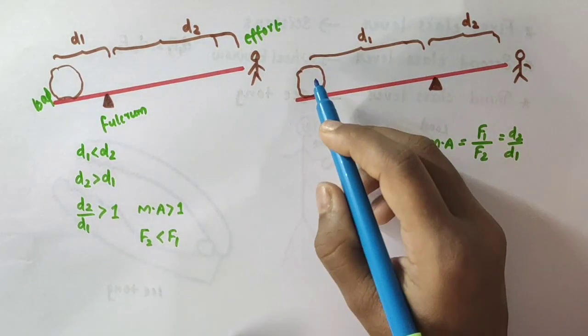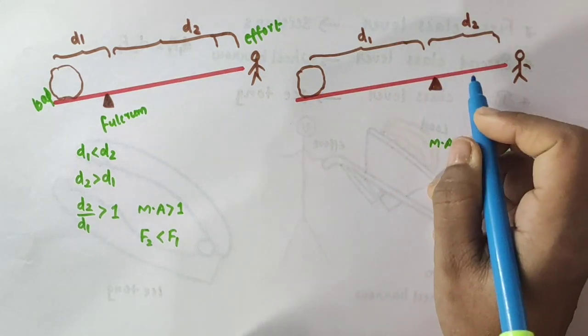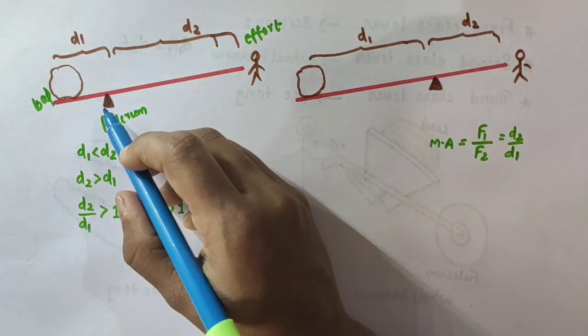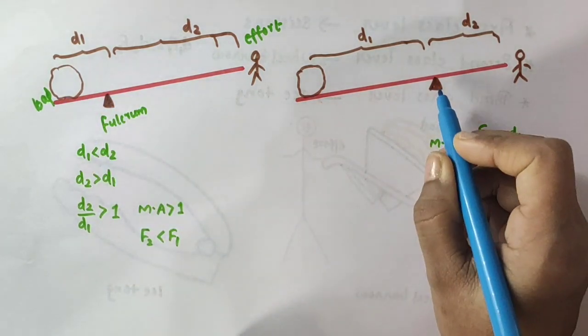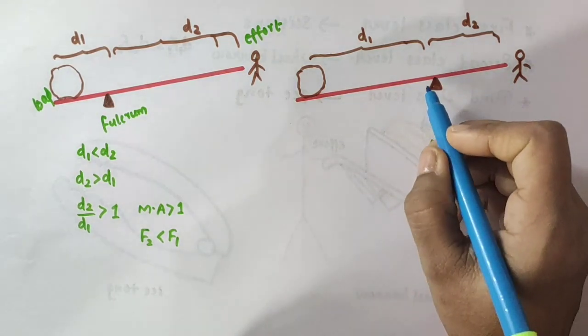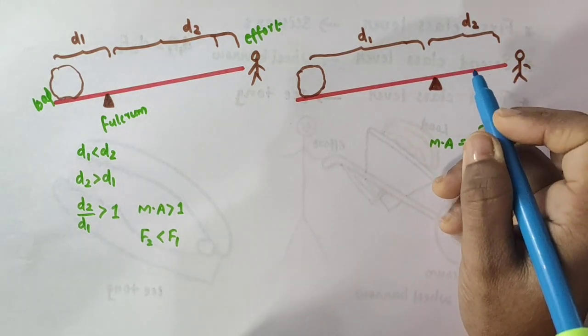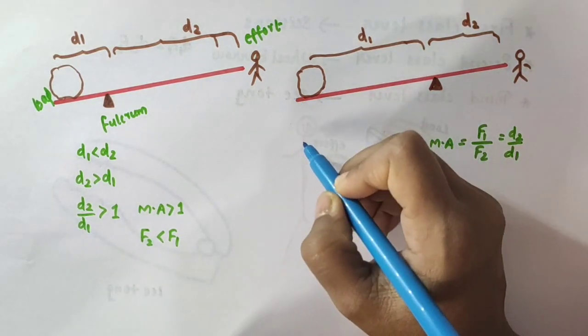We can try lifting the load or the object with the fulcrum in different places. Here the fulcrum is near to the load and here the fulcrum is kept near to us. If we keep the fulcrum near to us, it would be really difficult for us to lift this object.